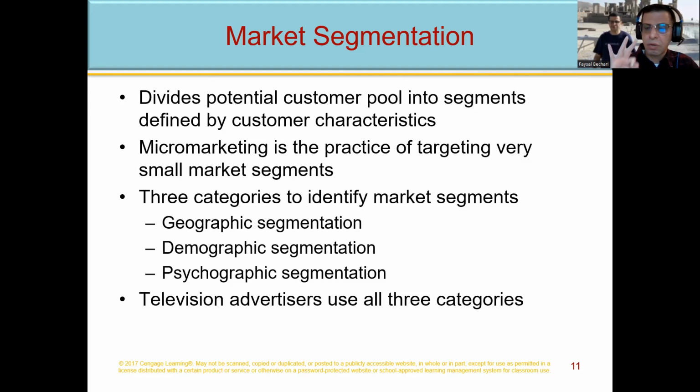There are three categories to identify the segment: the geographic segment, the demographic segment, and the psychographic segment. In television advertisement, you usually use all three categories and target, in the mass media.